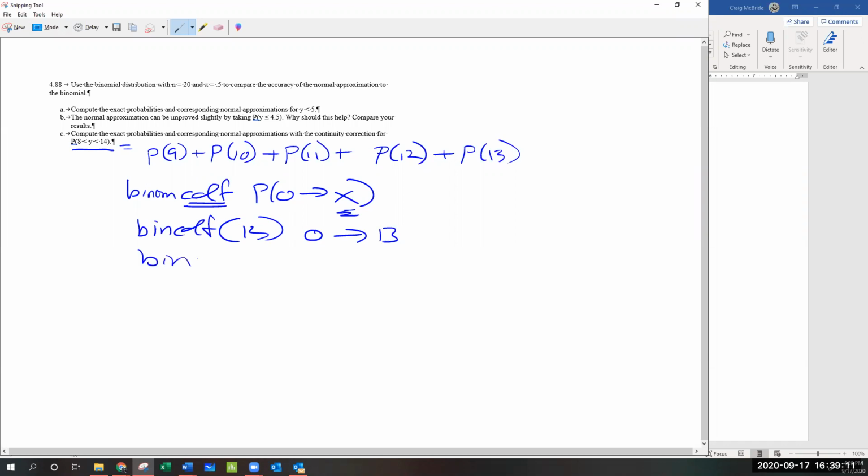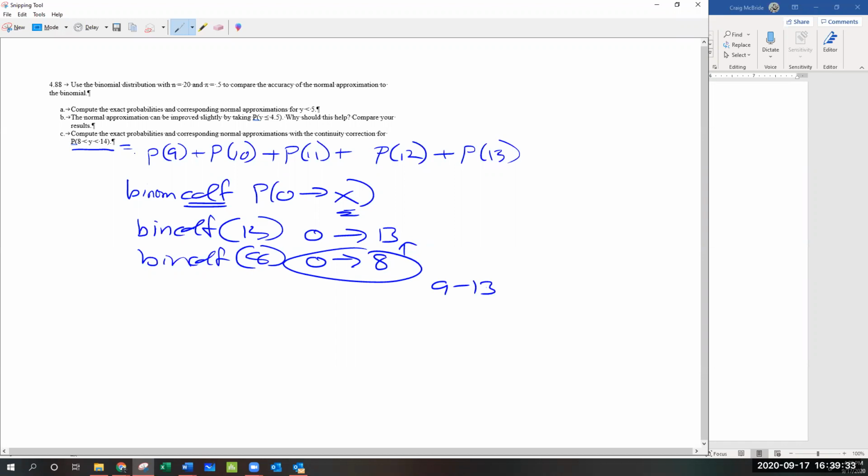Then you would do the binomial CDF of 8, and that would give you 0 through 8. And can you see that if you subtract this one from 0 through 13, you're going to be left with 9 through 13.